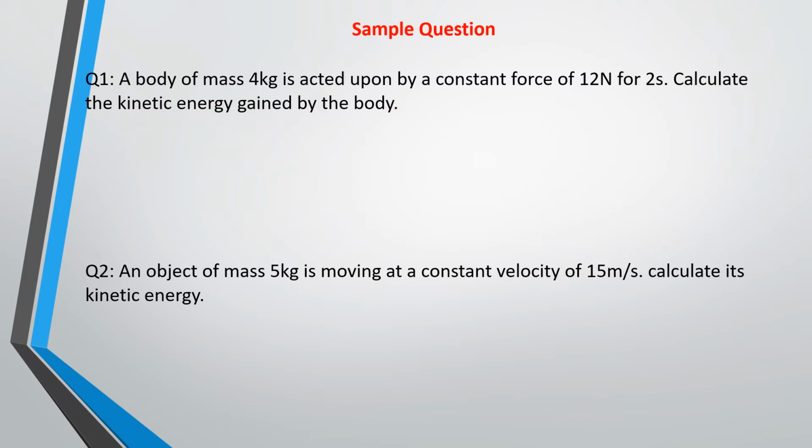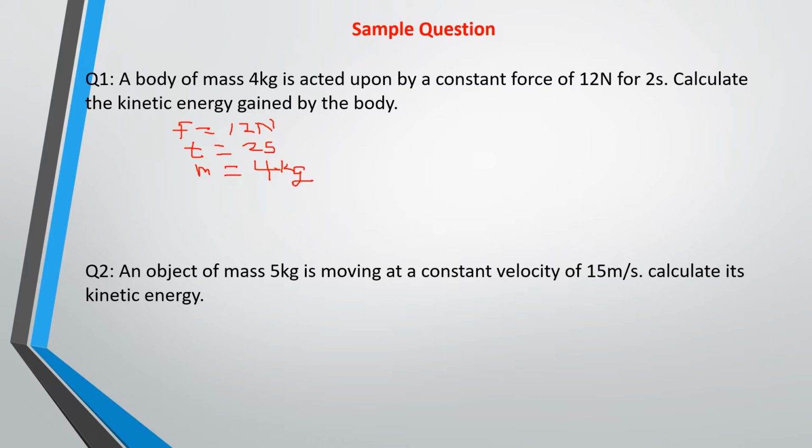Here you are given that force is equal to 12 Newton, and the time of action of the force is 2 seconds. You are also given the mass of the body to be equal to 4 kg.